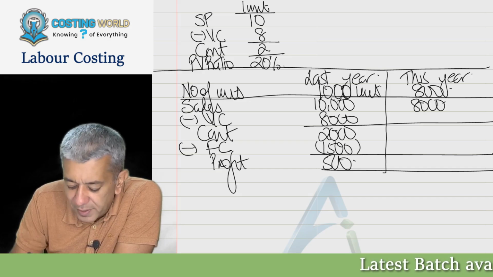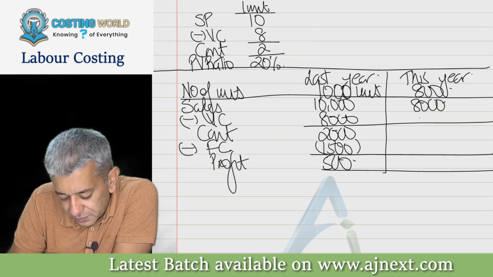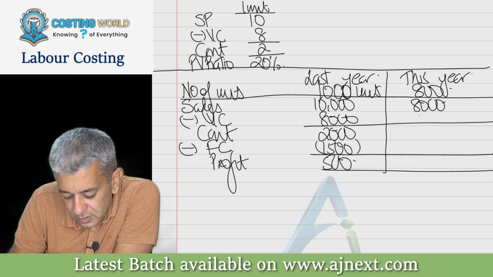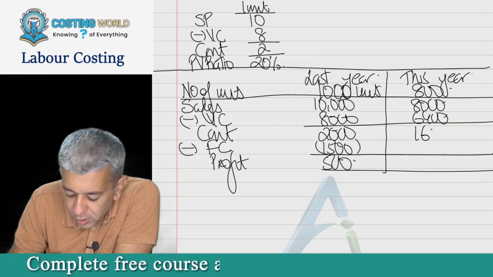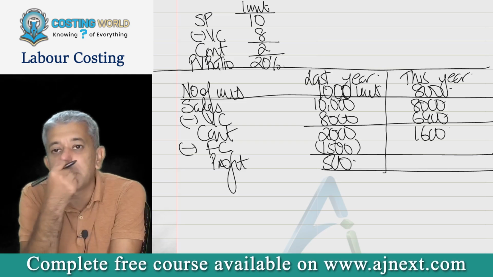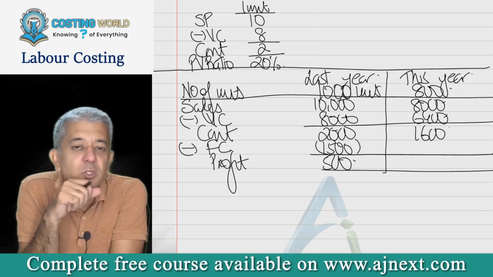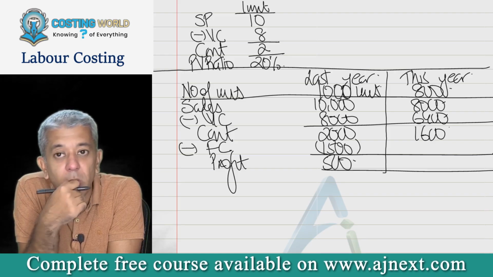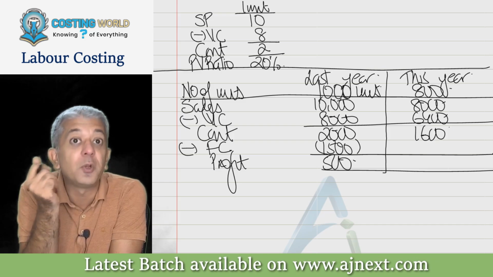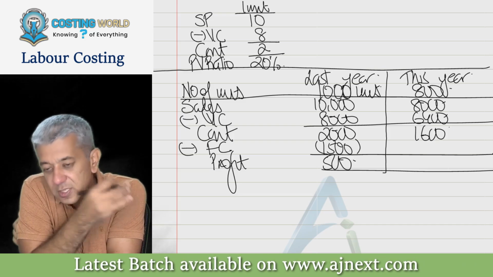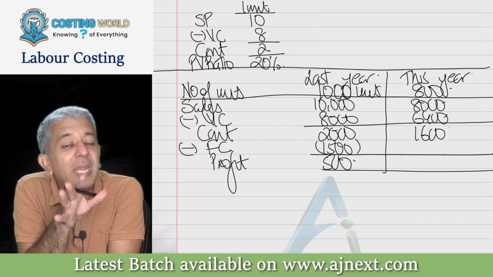8,000. What will be my variable cost? 6,400. Okay, so therefore my contribution will fall down to 1,600. Now these new people who came, I had to train them. I had to give advertisements in the newspapers, wanting more workers and so on. I had to pay money to the recruitment agencies. When they came, I had to do their medical tests and so on.